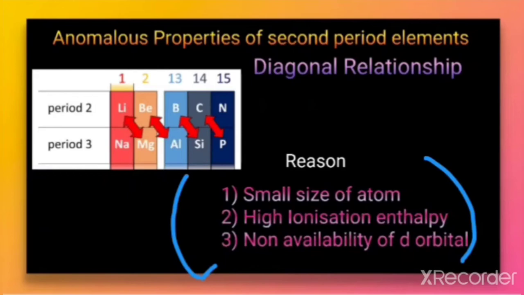The relationship is due to the smaller size of the atom and the similarity in ionic sizes, that is the charge by radius ratio of the elements. So in this chapter we will discuss such anomalous properties also.